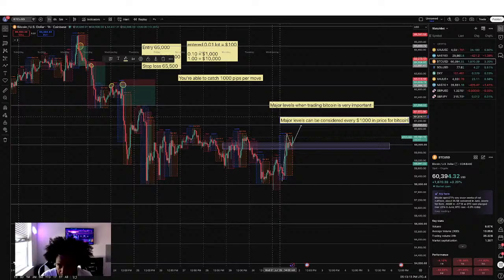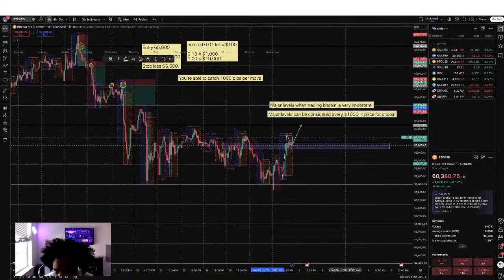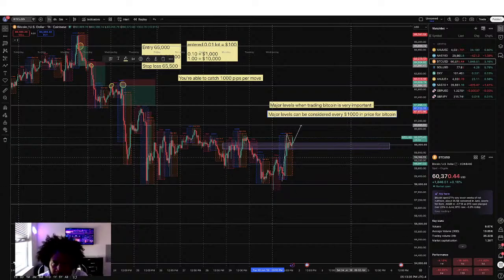So if you're a little confused on what I mean by every $1,000, just to give you guys an example, you can see these little lines going across my chart. These are the major levels that I already have pre-marked up.